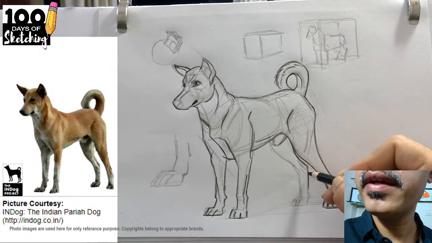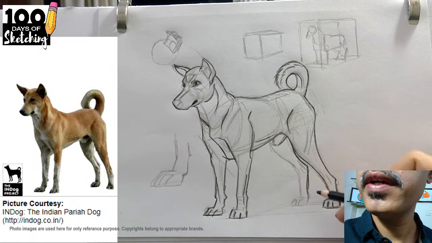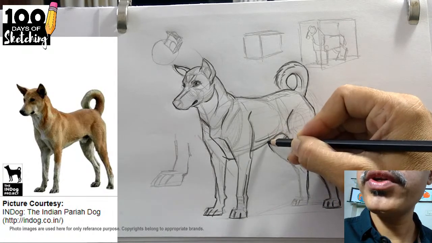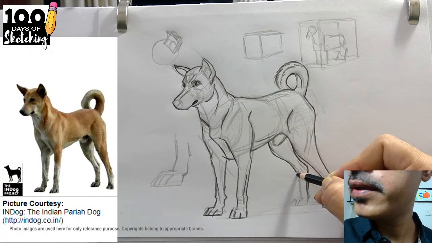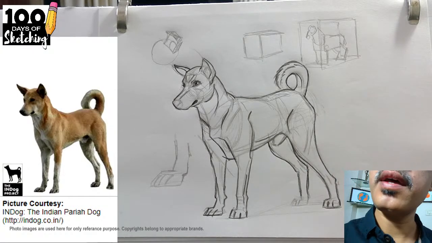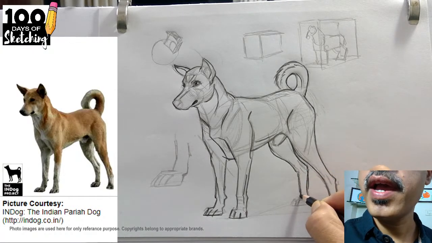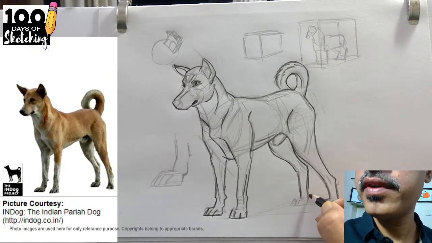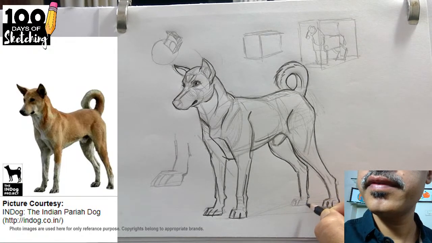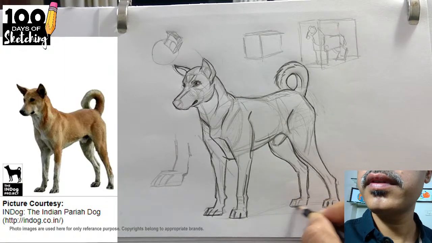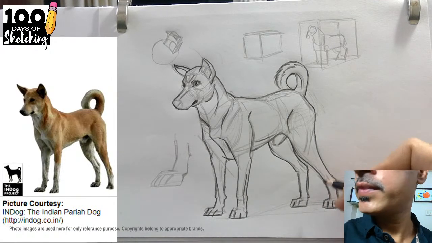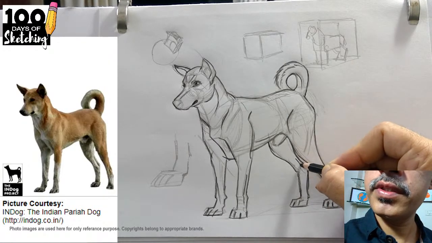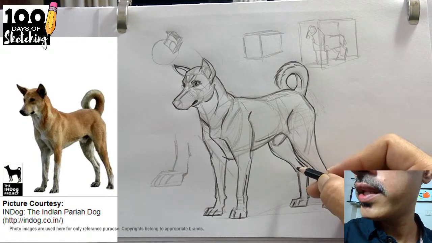But then I started doing regular sketching, understanding more and more about the muscles and bones, and yes, I guess I now have pretty much knowledge of these muscles. So you can see some of these lines which bones can define.